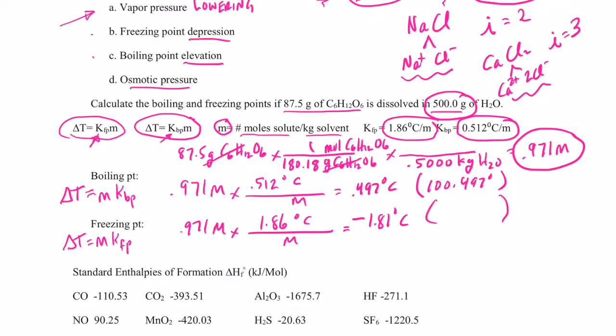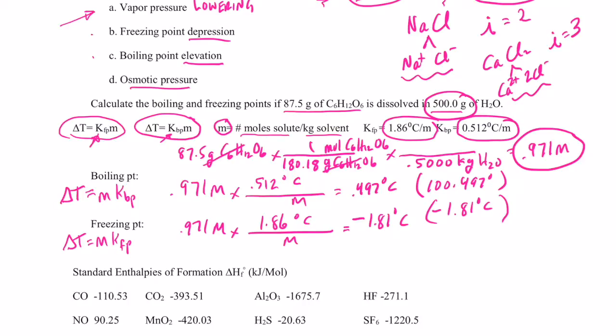So the normal freezing point of water is 0.00, so my new freezing point would be negative 1.81 degrees Celsius. Now don't forget, if we're using a salt solution, we have to integrate into this equation the Van't Hoff factor.